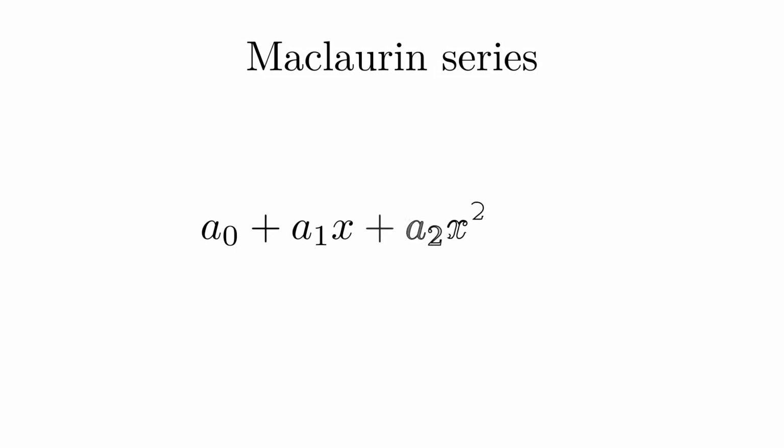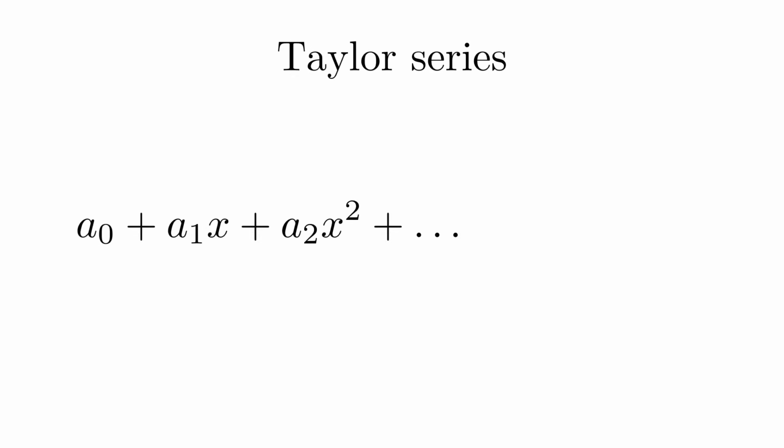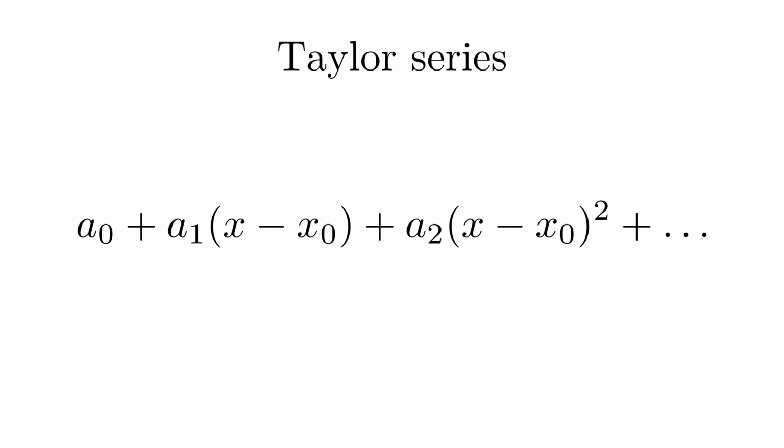Instead of writing down the Maclaurin series, which has the form a0 plus a1x plus a2x squared, and so on, we're instead going to write a series of the form a0 plus a1 times (x minus x naught) plus a2 times (x minus x naught) squared, and so on, where we've shifted our center now from x equals 0 to x equals x naught.